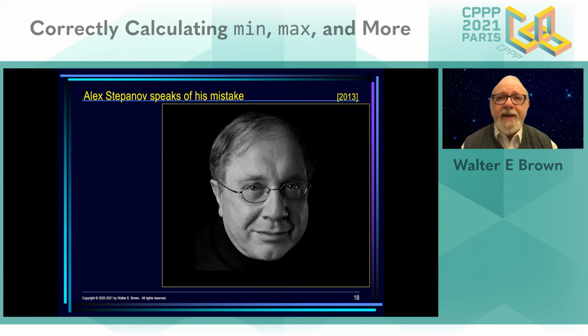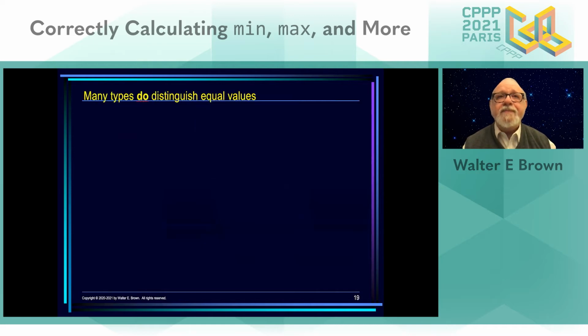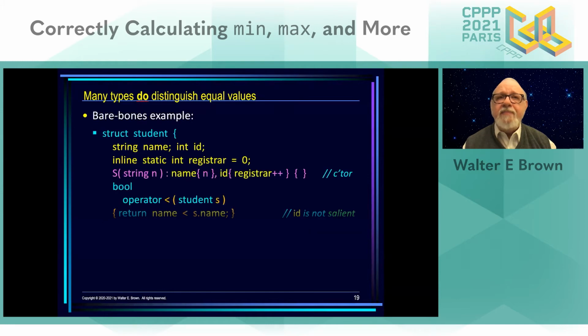So, in the master's own words. Let me give you an example, because there are, it turns out, many types that do distinguish equal values. And here is what I would consider to be a bare bones example. A new type, which I've named student.